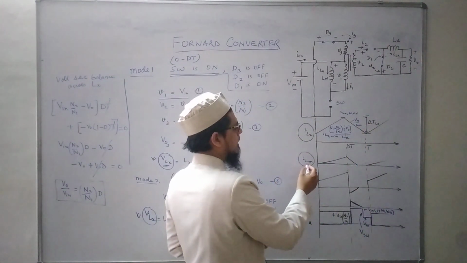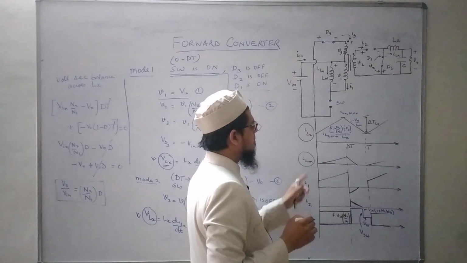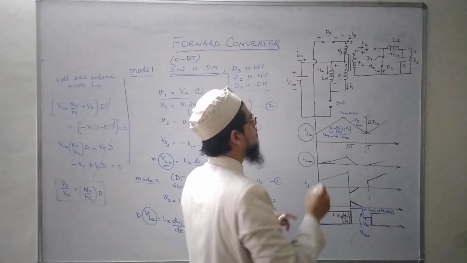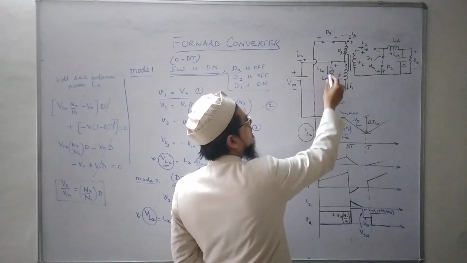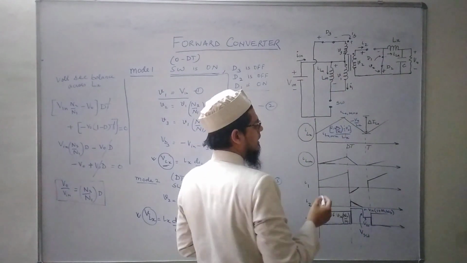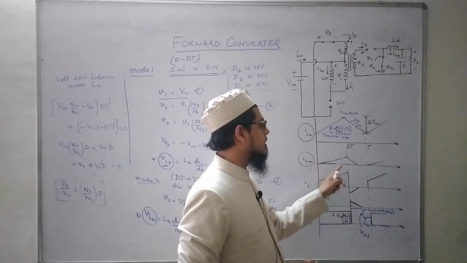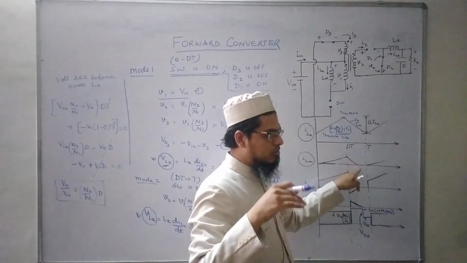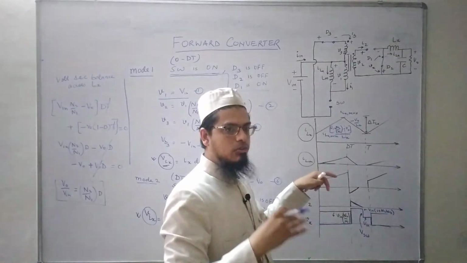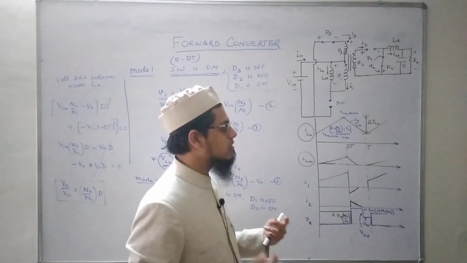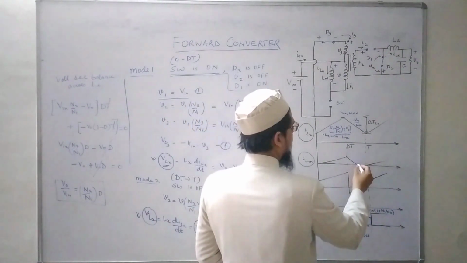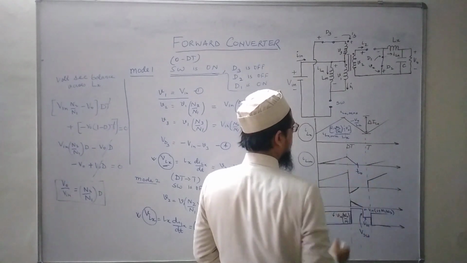Now come to ILm. ILm is the current through this magnetizing inductance, and since we are demagnetizing the core fully, that means the current has to go to 0 during one cycle. So it is reaching 0 here somewhere, say at time t0.